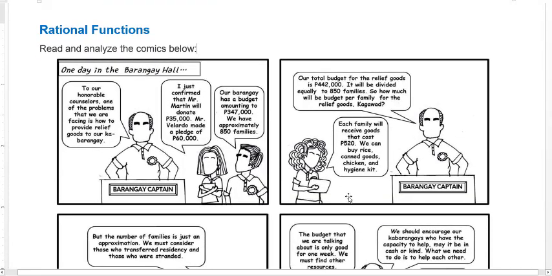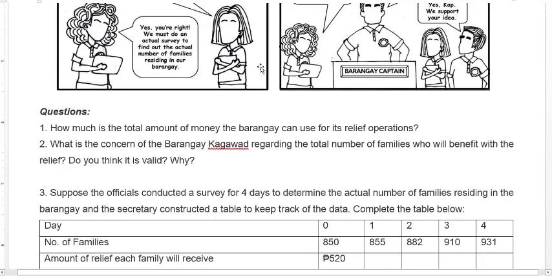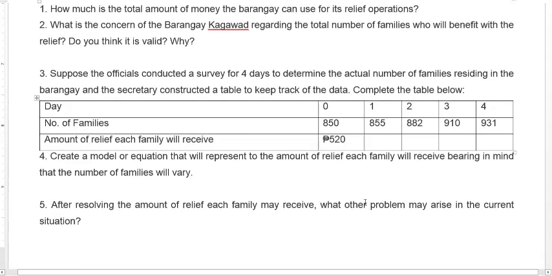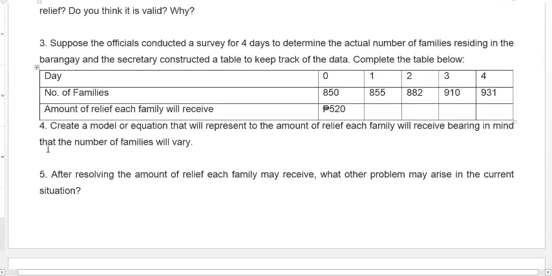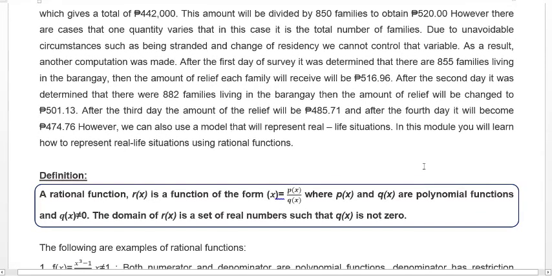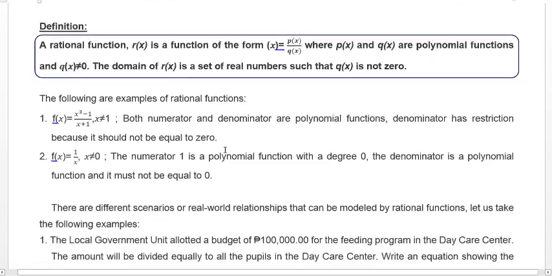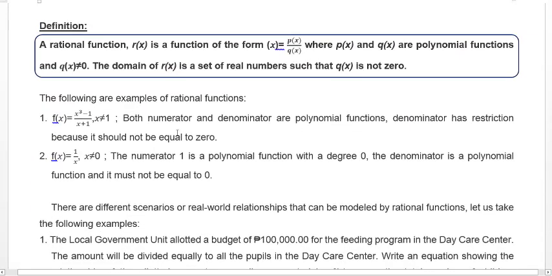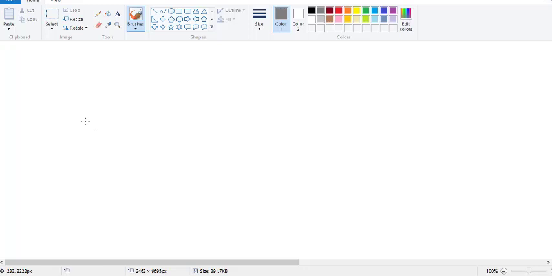So anyway, this one, I would like you to analyze this one. Napakadali lang nito actually, and I know you will be able to answer the 5 questions that follow. Okay, so, binigay niya rin naman talaga yung sagot sa inyo. So the formal definition of a rational function R of x is a function of the form R of x equals P of x over Q of x.